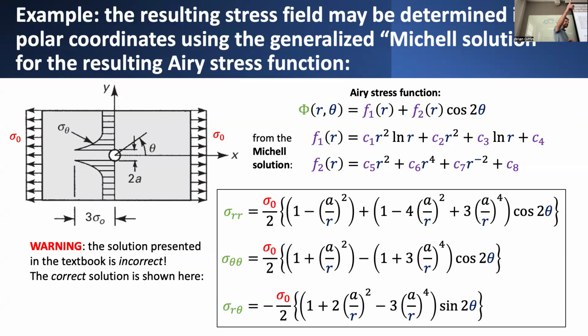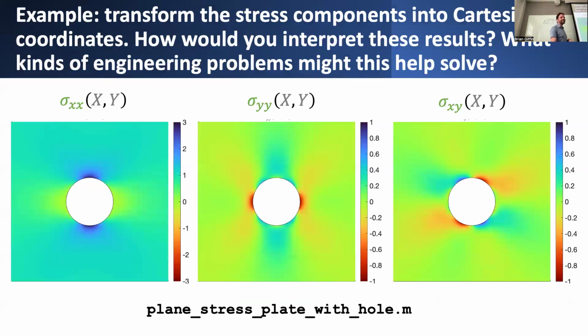It does not become infinite, but it does become larger than the average stress. And in this particular solution, it happens to achieve a value, quite fortuitously, that's proportional to 3 times that average axial stress. So that's precisely what we see when we're looking at the axial stress.